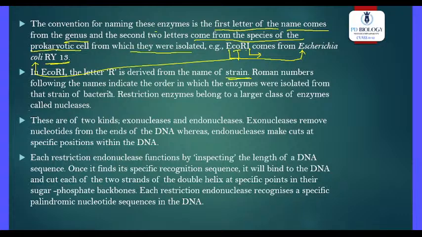The Roman number following the names indicates the order in which the enzymes were isolated from the strain of bacteria.